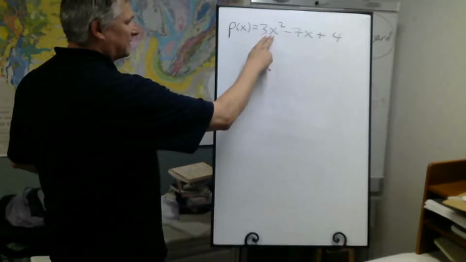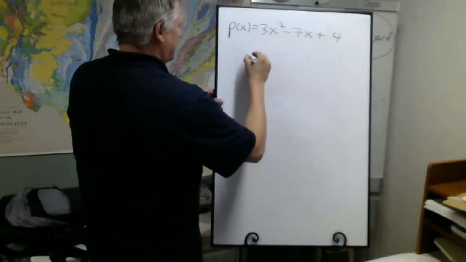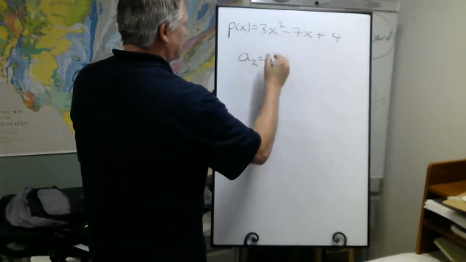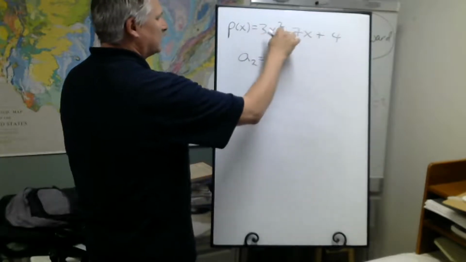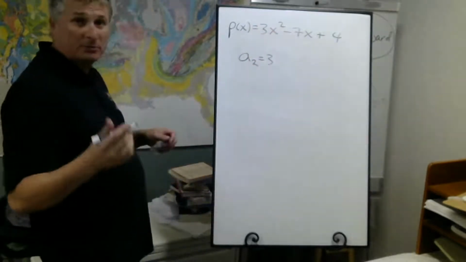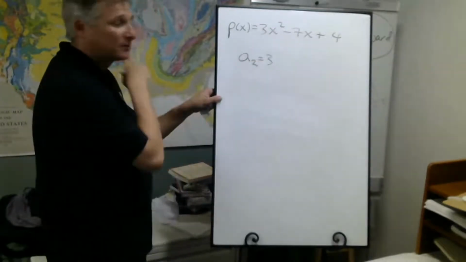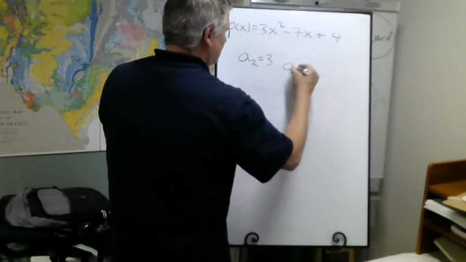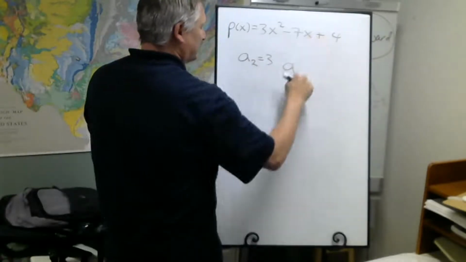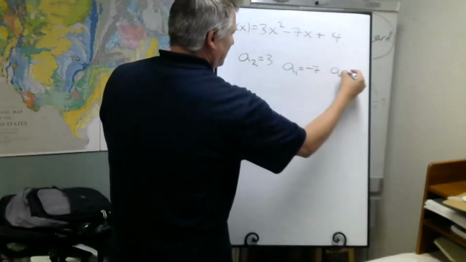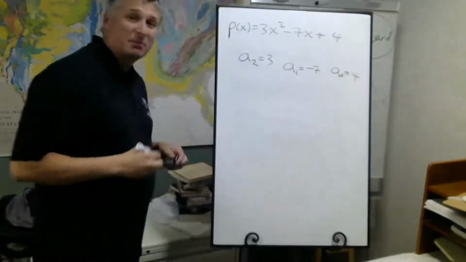In this case, a sub n is going to be a sub 2, and that's 3, and it matches the exponent. A sub 1, again matching the exponent, is -7, and then a sub 0, our constant, is just +4.